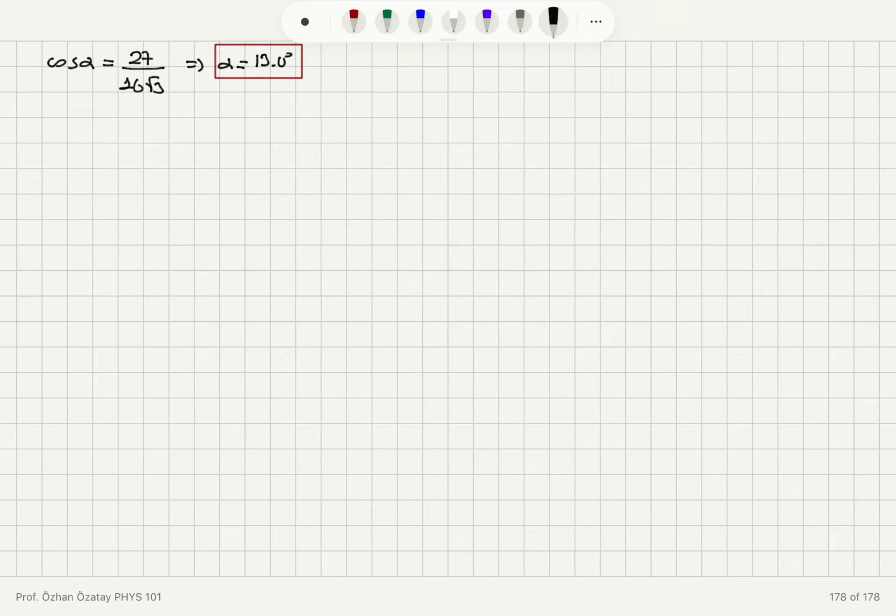Now if you know cosine alpha, then you know cosine beta, because cosine beta was related to alpha. Cosine beta is 4 minus 2 square root 3 cosine alpha. It is 4 minus 2 square root 3, 27 over 16 square root 3. Square root 3's will cancel.